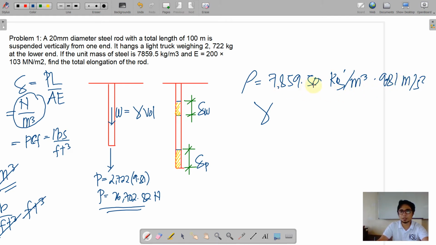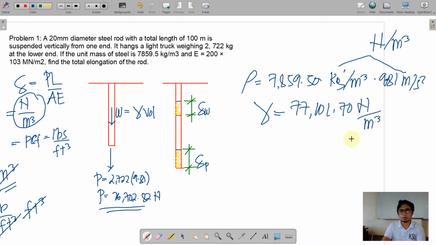So 7,859.5 times 9.81 becomes Newton per cubic meter, which is gamma or unit weight. So by that, we'll have 77,101.7 Newton per cubic meter.